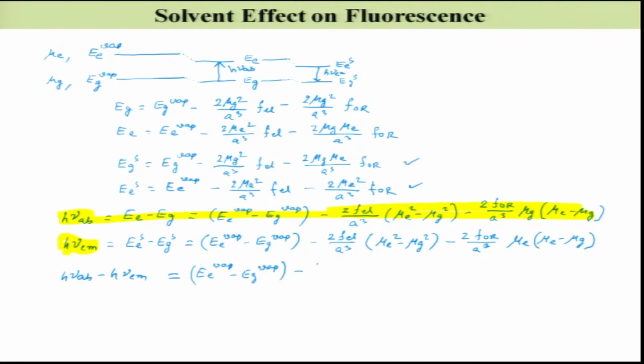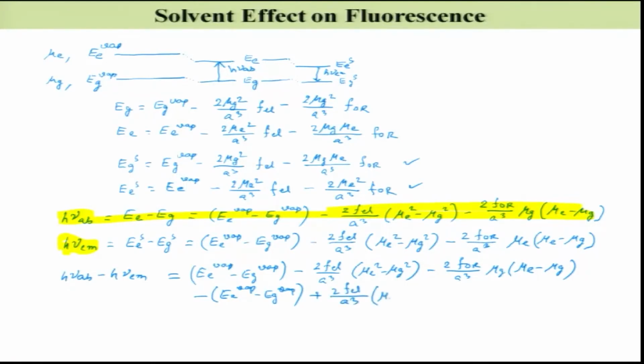So, write again all the terms: 2F_EL by a cube into (mu_E square minus mu_G square), minus 2F_OR by a cube into mu_G times (mu_E minus mu_G), again this term E vapor minus E_g vapor, plus 2F_EL divided by a cube into (mu_E square minus mu_G square), plus twice F_OR by a cube into mu_E times (mu_E minus mu_G).